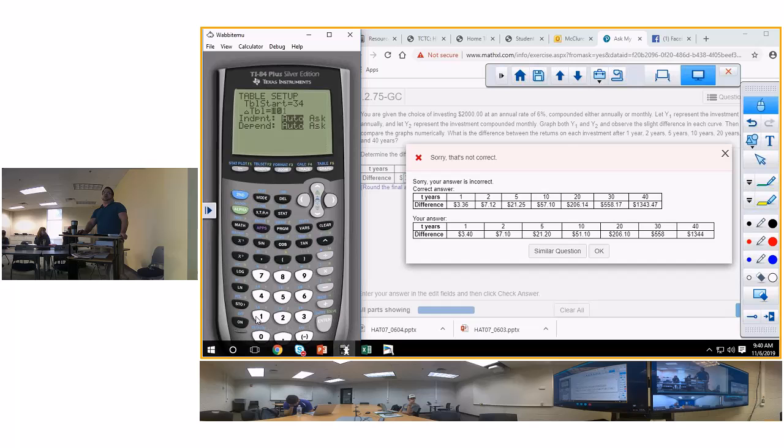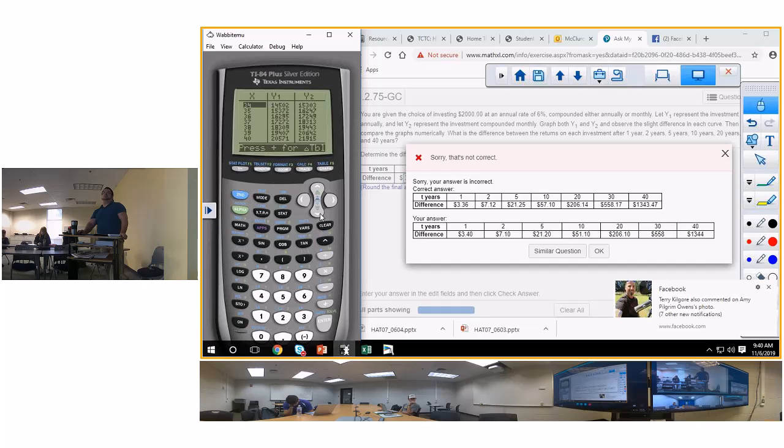Let's change that back to 1, and let's see if it gives you change when you click on the Y. Table. Yeah, it does. I just didn't click on it. So make sure you click on the table and make sure you click on the Y value so you can get your change, because I didn't do that.